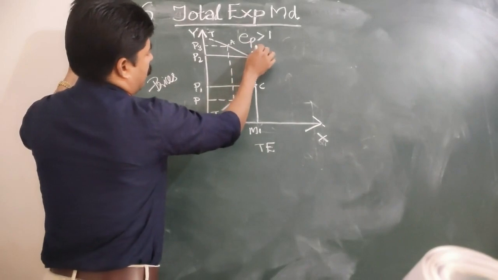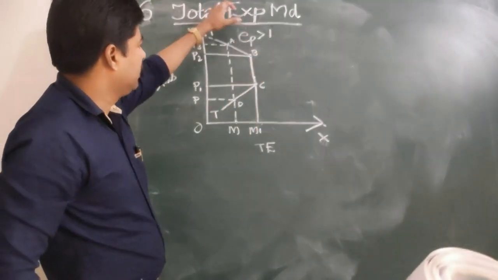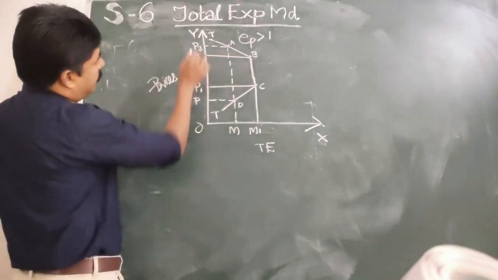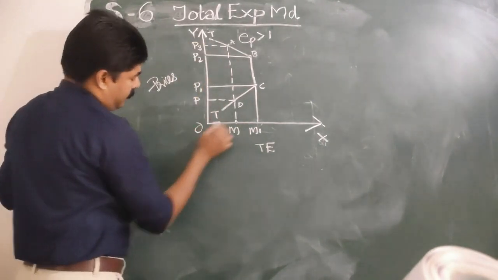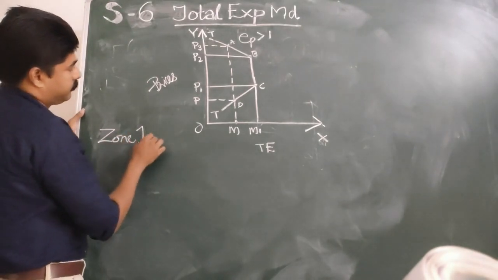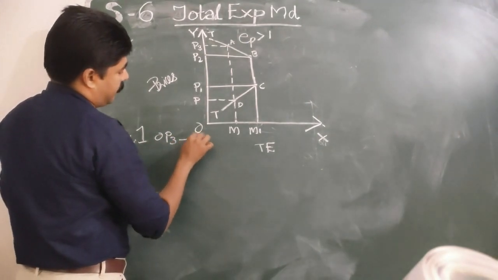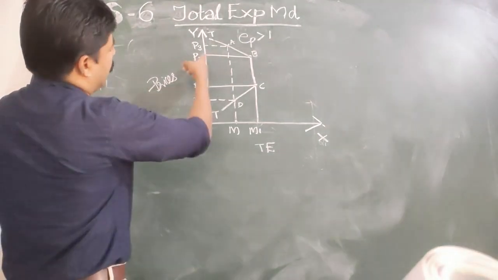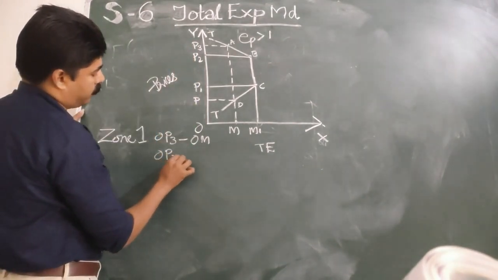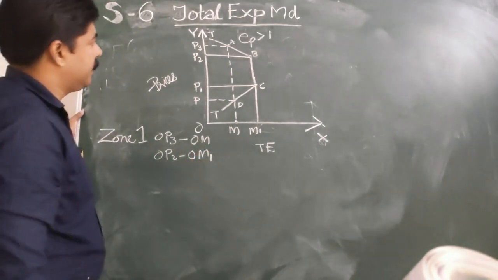In the first zone, zone AB, we can find the quantity demanded. At price OP3, quantity demanded is OM, whereas when the price falls to OP2, quantity demanded is OM1, and total expenditure increases.